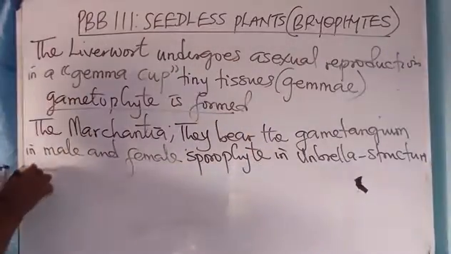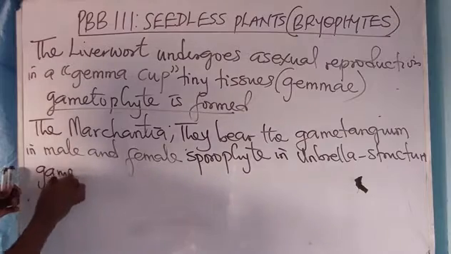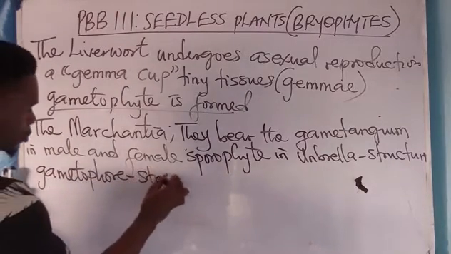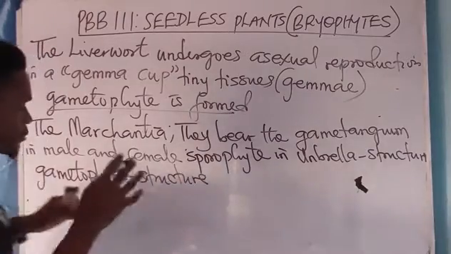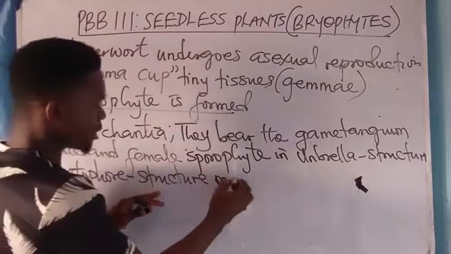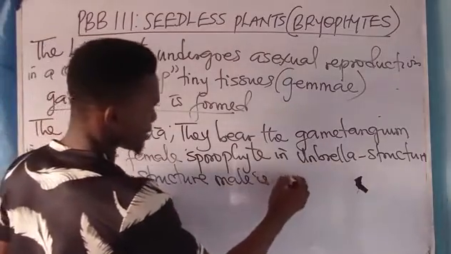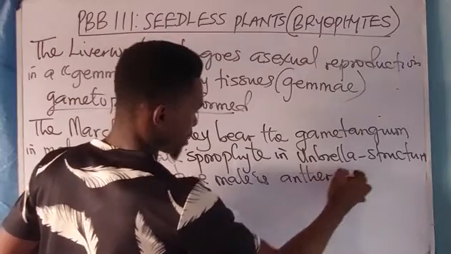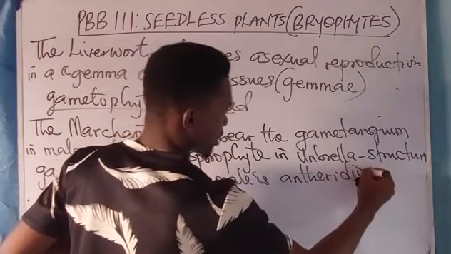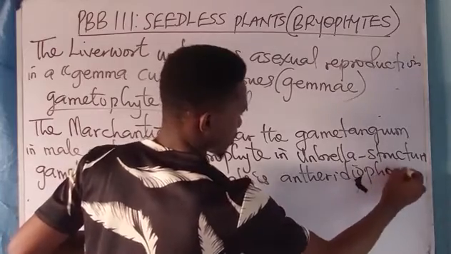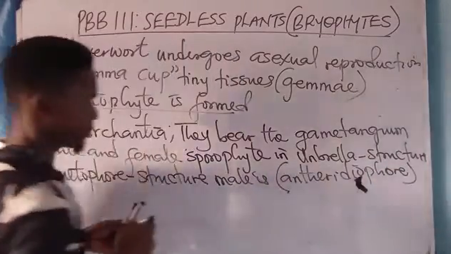Now, the gametophore structure of the male organism is the antheridiophore.